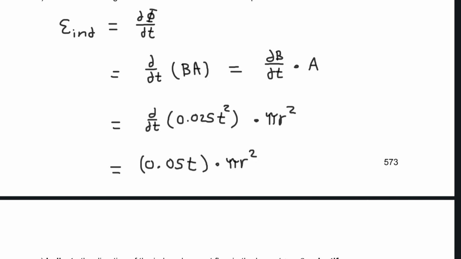And then all we have to do is evaluate this at t equals 3 seconds. So plugging in at 3 seconds, we just put in 3 for time, and we put in our usual radius of 0.4 meters squared, and we get 0.075 volts.